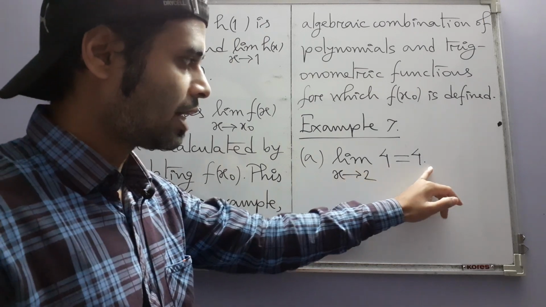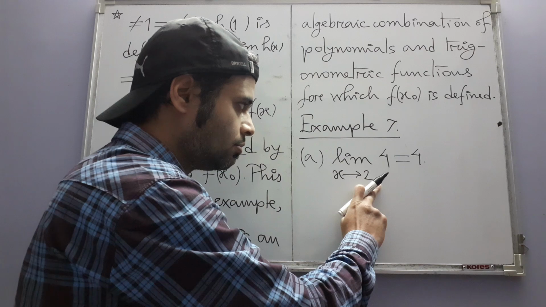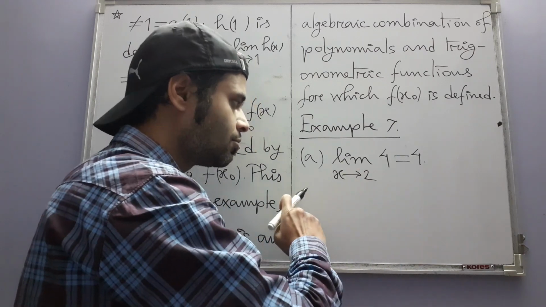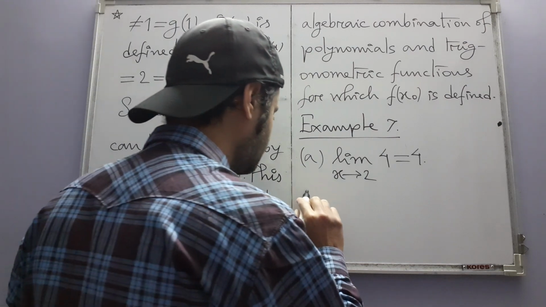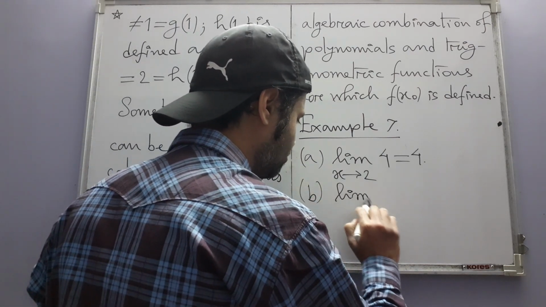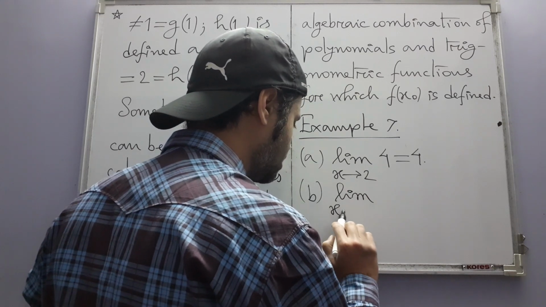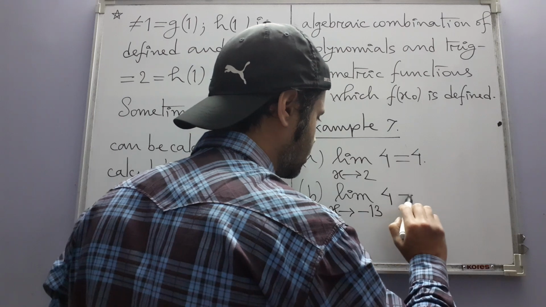So that is not going to change. So if x gets near to 2 on this side or on that side, it's going to be just 4. Similarly, if we change the point at which we are calculating the limit, then also it's not going to change.